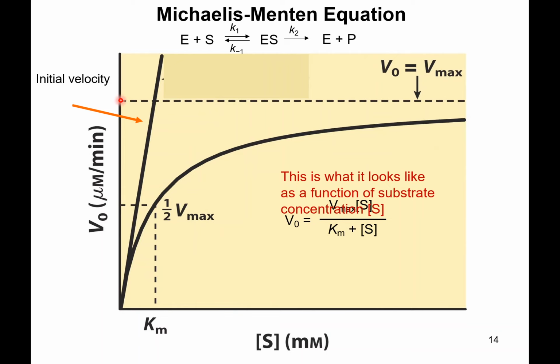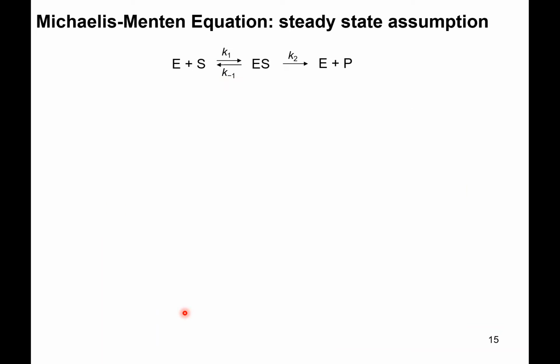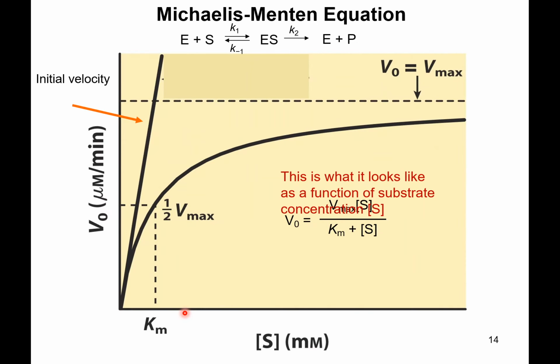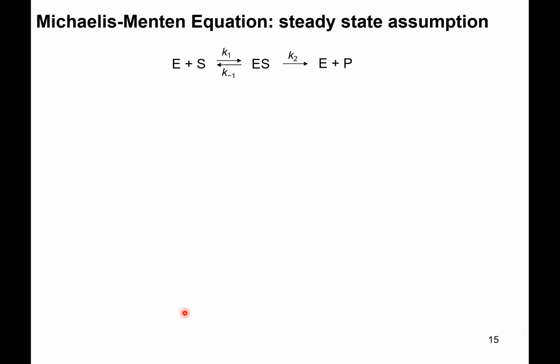If you look at half of that value, so one half the V max, and you follow it over to our curve, whatever substrate concentration occurs at half V max, we call that the Km, with a capital K. That's the Michaelis-Menten constant for a particular enzyme. So that'll be important to remember. On a graph like this, that's how you find that Km.